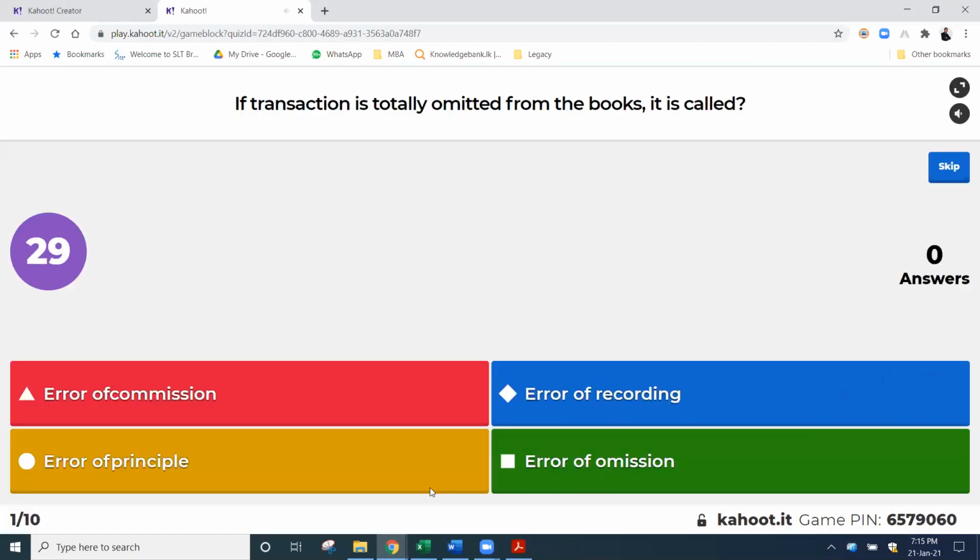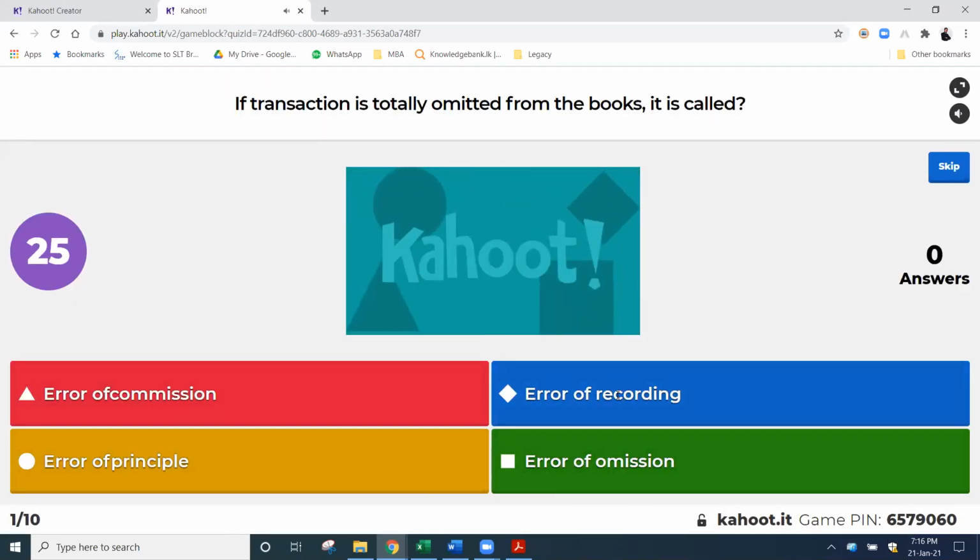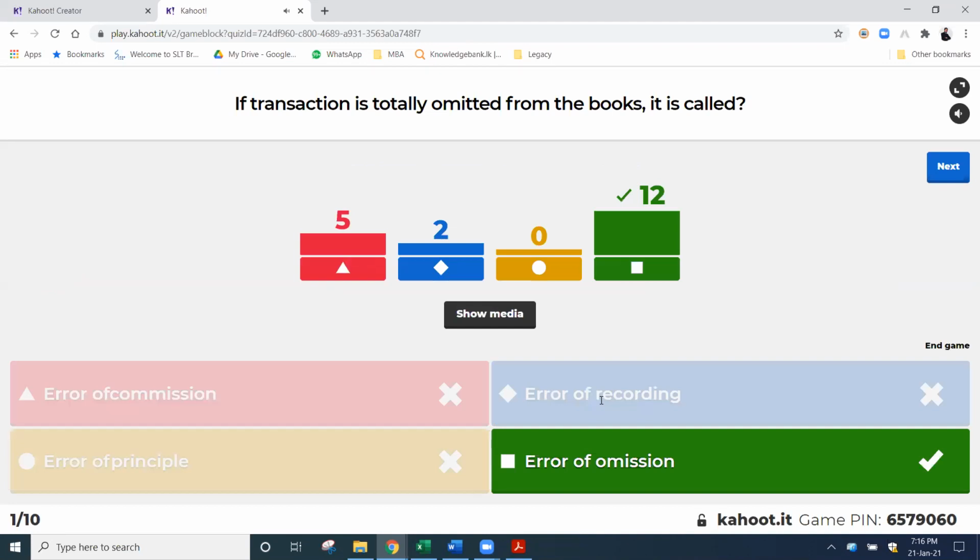It is called error of commission, error of principle, error of recording, or error of omission? It's called error of omission.